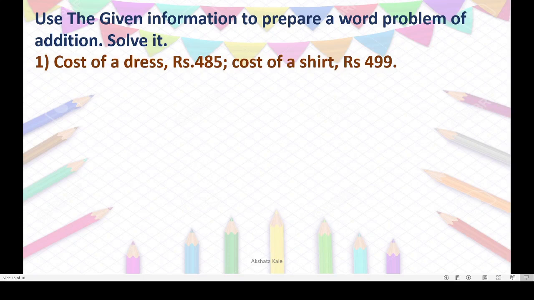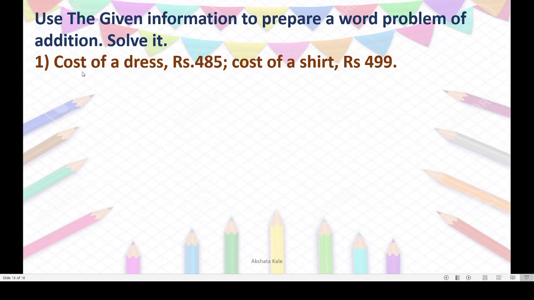We have to frame the word problem of addition. Okay, addition means here we have to ask total, or we have to use all together, or we have to use what is the sum of the numbers. Like these words we must use for addition.